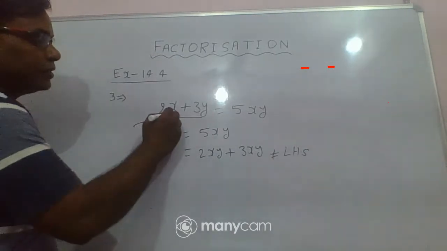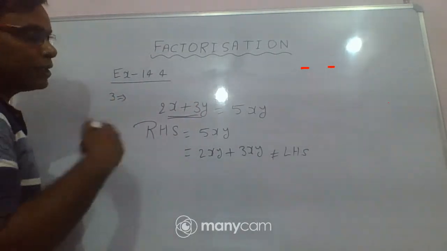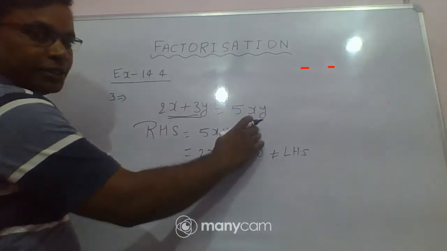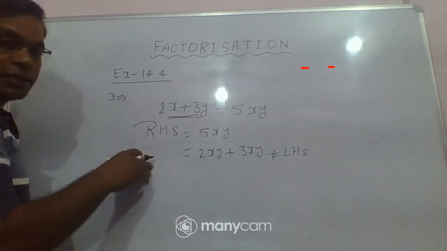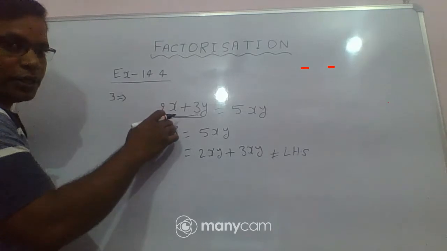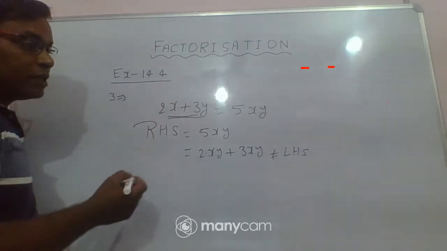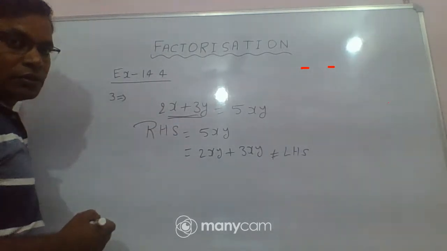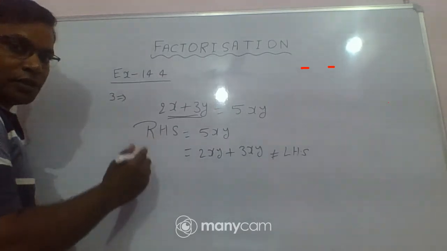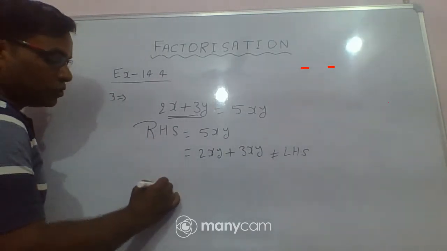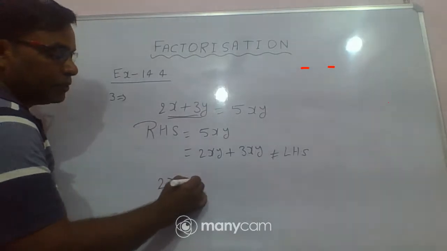So what is the error in these types? The error is here. This is your error. If you take the left hand side, then the error is here, and if you take the right hand side, the error is here. So what is our correct statement?